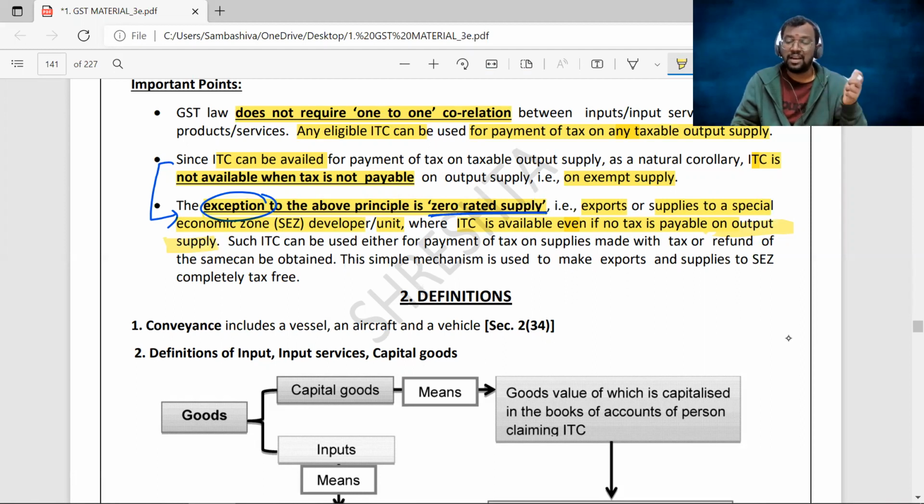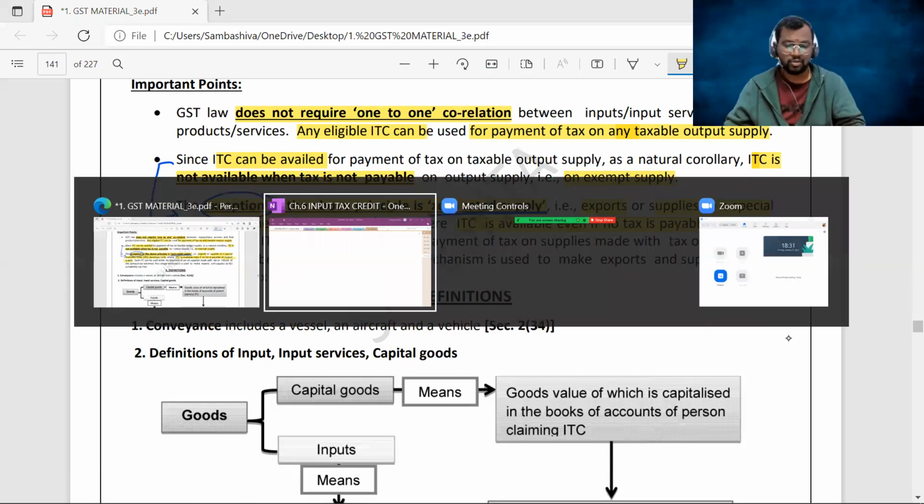The differences between nil rated supplies and zero rated supplies we have already learned, right? So let me write it once again.